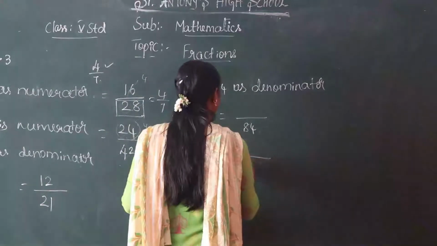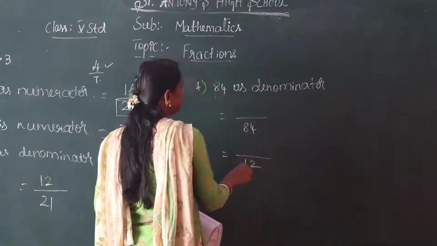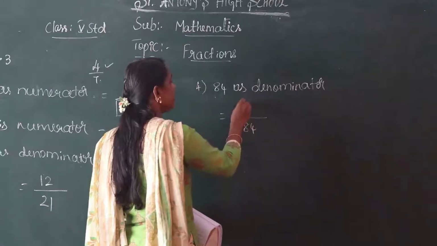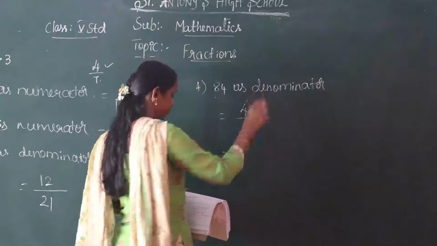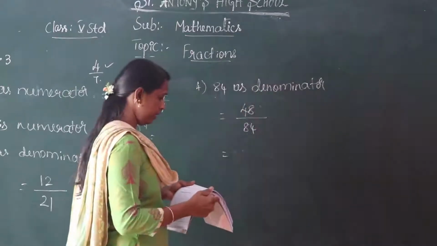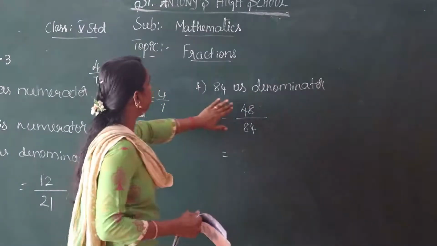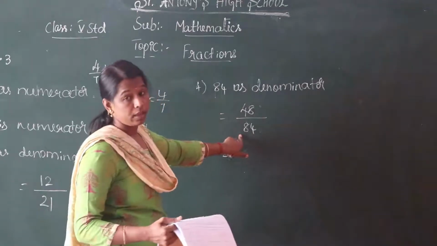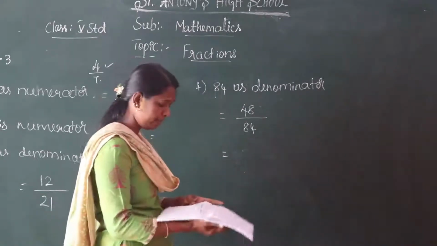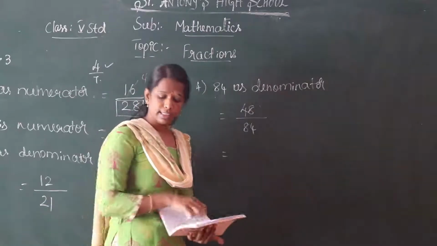Okay, 7 12s are 84. And then 12 4s how much? 48. 12 4s are 48, 12 7s are 84. Okay, so like that you have to write.